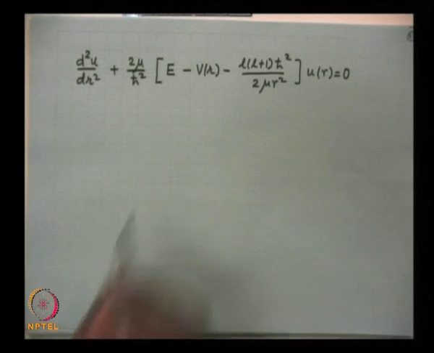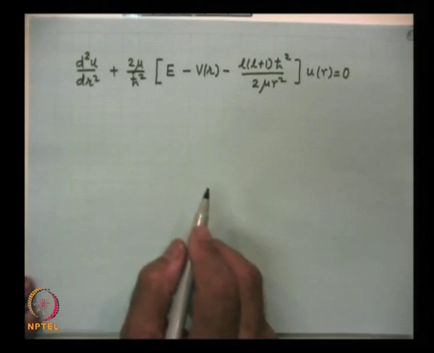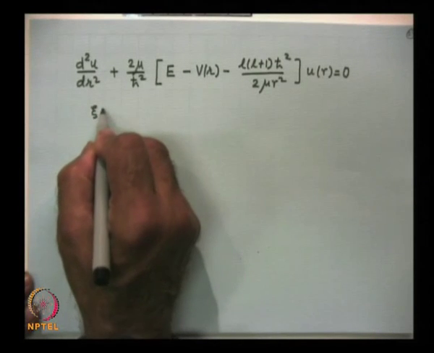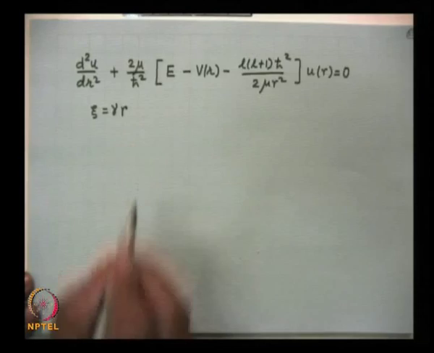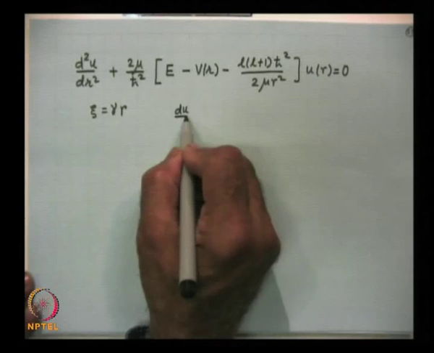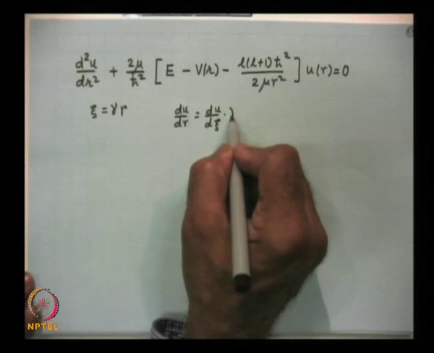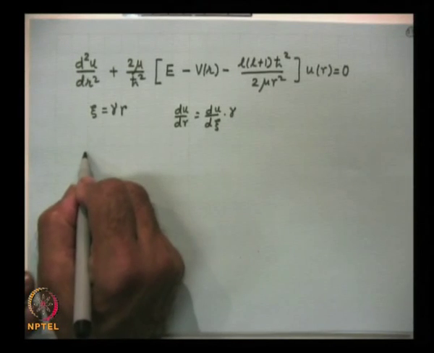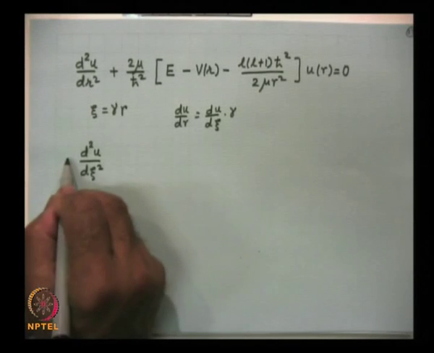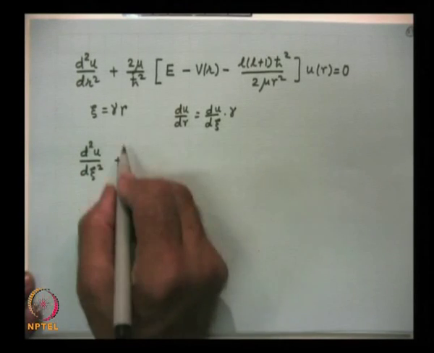Now, we assume that V of r is half mu omega square r square, and then we write down, as we have done for the harmonic oscillator, xi is equal to gamma r. So du by dr becomes du by d xi into d xi by dr, which is gamma. If I differentiate this again, you get d2u by d xi square multiplied by gamma square.